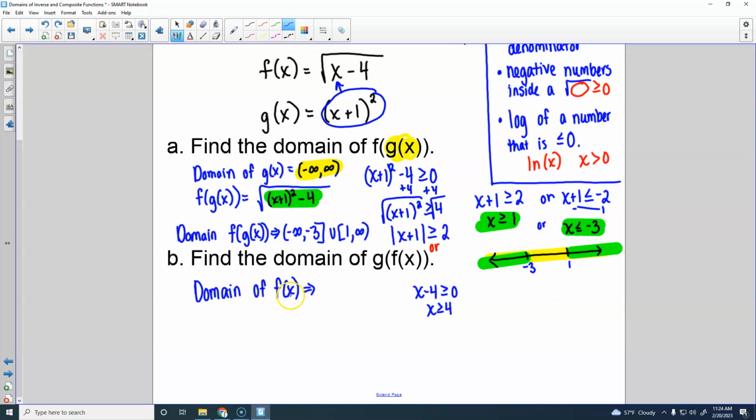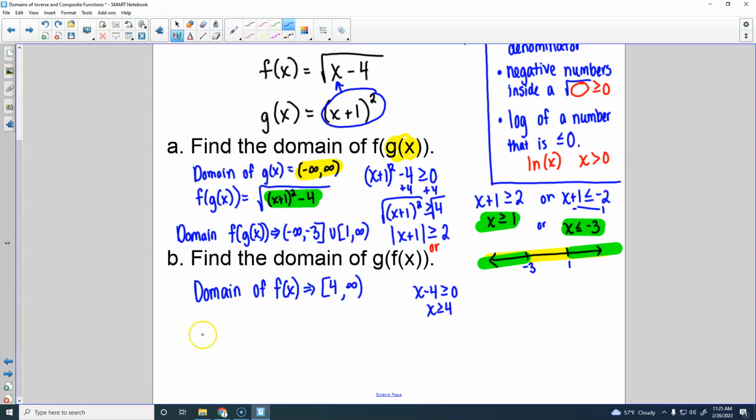So my domain of f of x would be 4 to infinity. Questions?